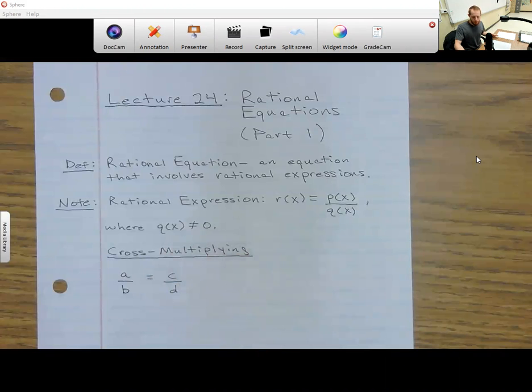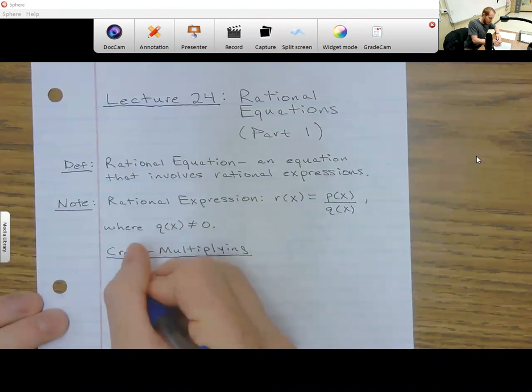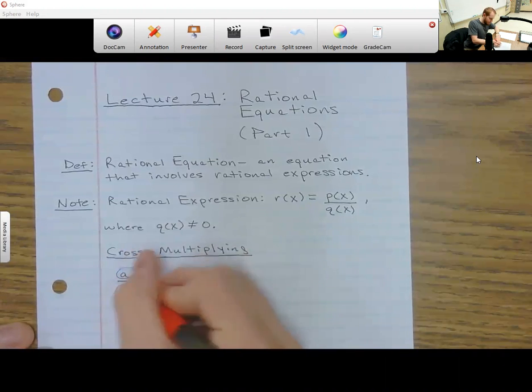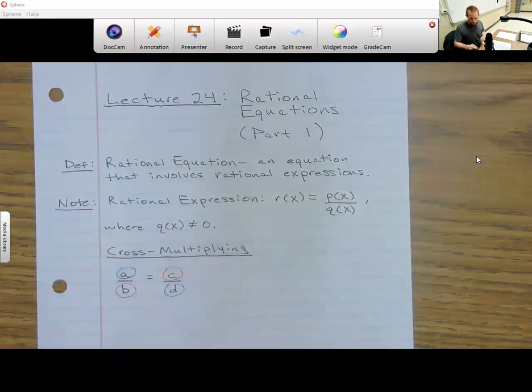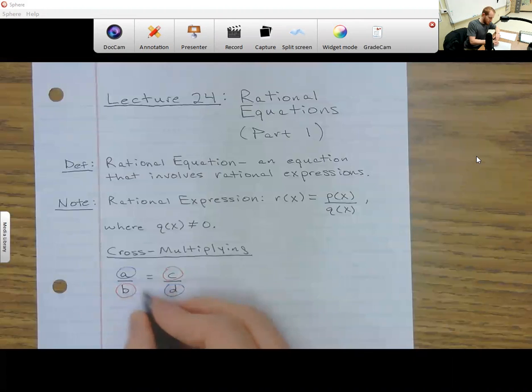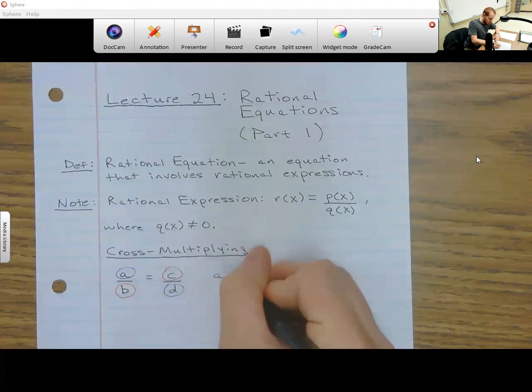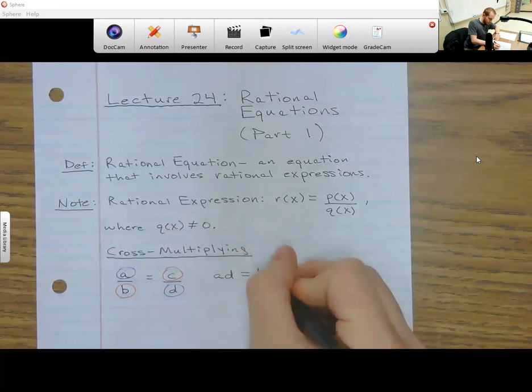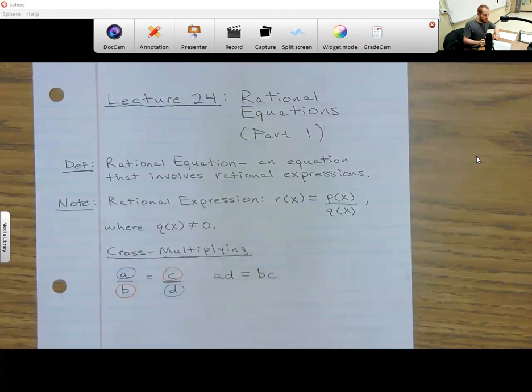Well, you can do what's called cross multiplying, which is where you multiply A and D, and you set that equal to B times C. So A times D is just AD, set equal to B times C, and you get BC. That's simple enough.